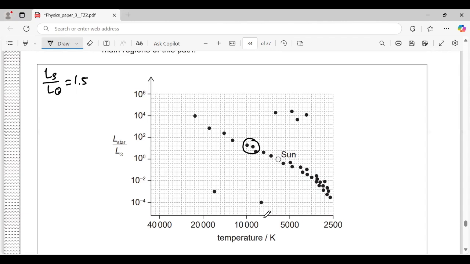The implication for this diagram is that luminosity will be higher, so upwards, and the surface temperature will be lower, which means to the right. So it means around here.